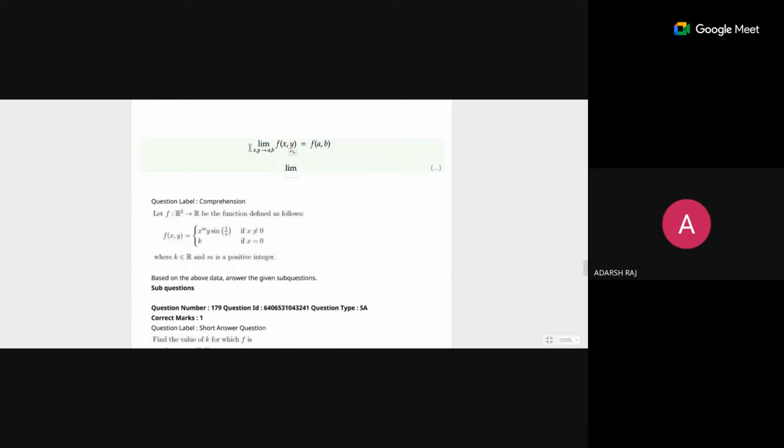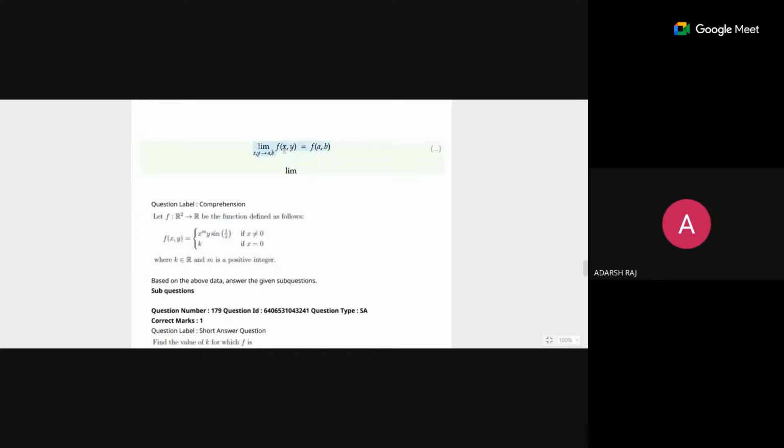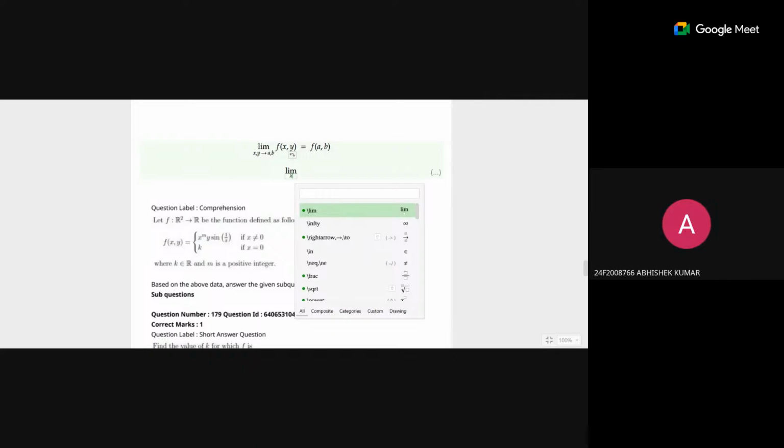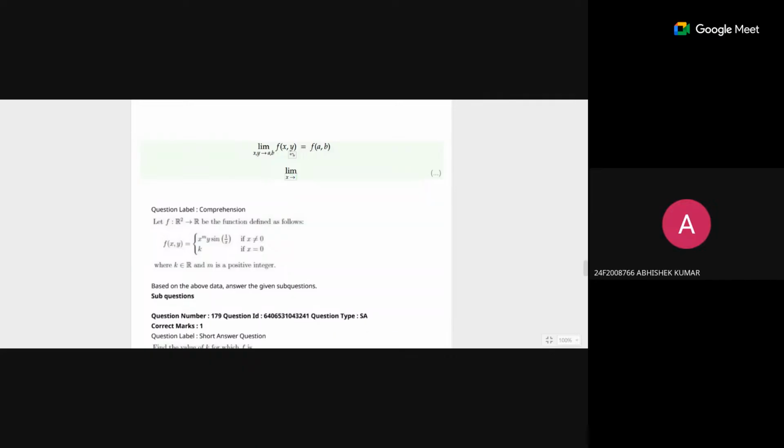So here, if x is not equal to 0, we have a function like this, x to the power m times y sine 1 by x. When x tends to 0, we have to find this value.